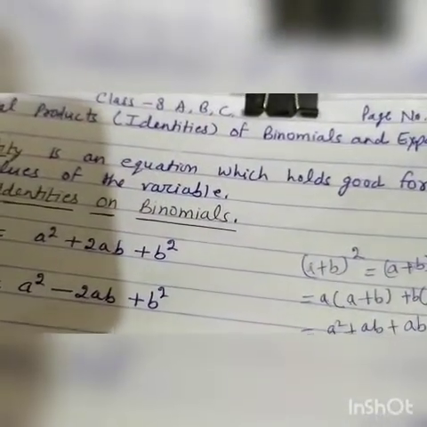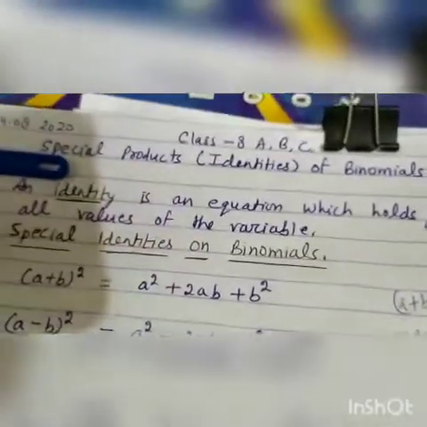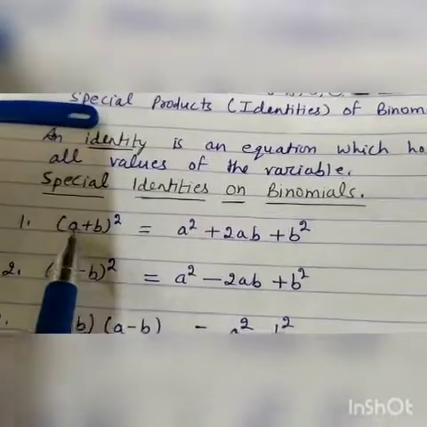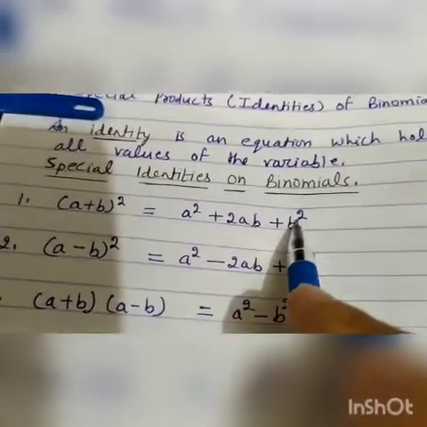So what is the product? It is a square plus 2ab plus b square. We have written already here (a plus b) whole square is equal to a square plus 2ab plus b square.